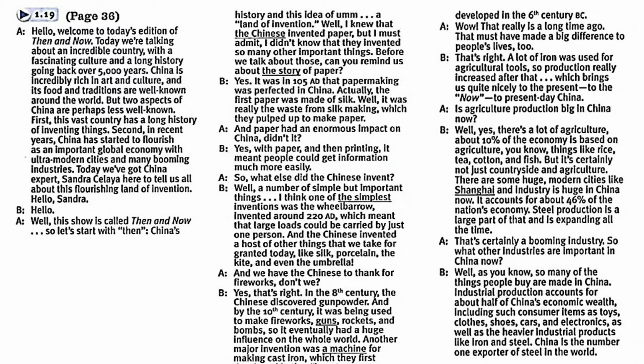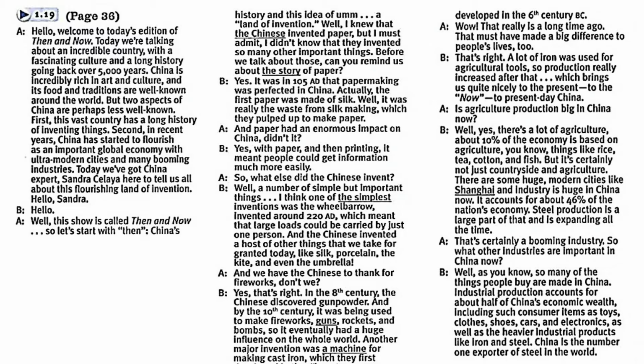Hello, Sandra. Hello. Well, this show is called Then and Now. So, let's start with then. China's history and this idea of a land of invention. Well, I knew that the Chinese invented paper, but I must admit I didn't know that they invented so many other important things. Before we talk about those, can you remind us about the story of paper?